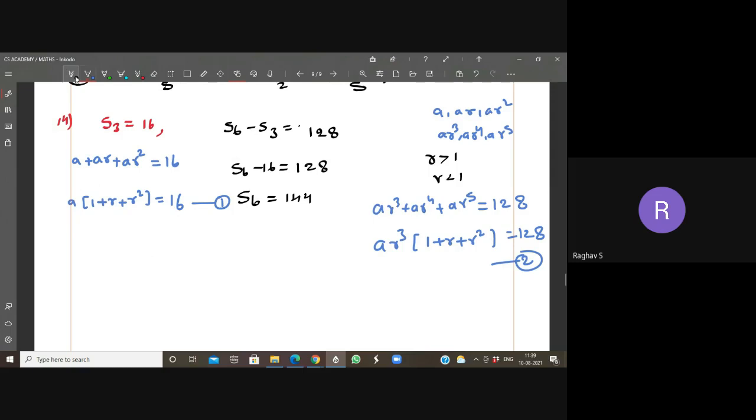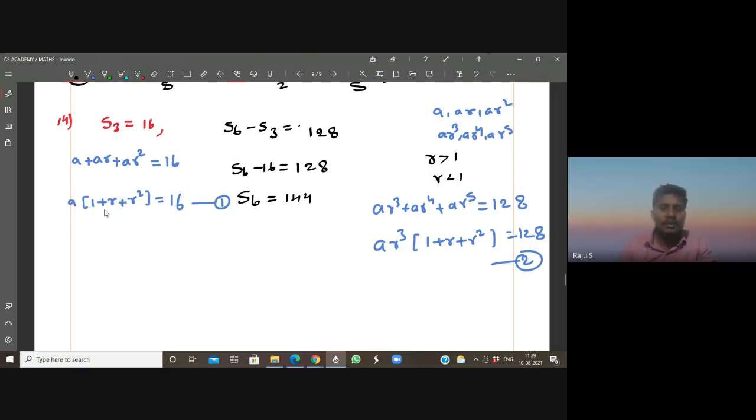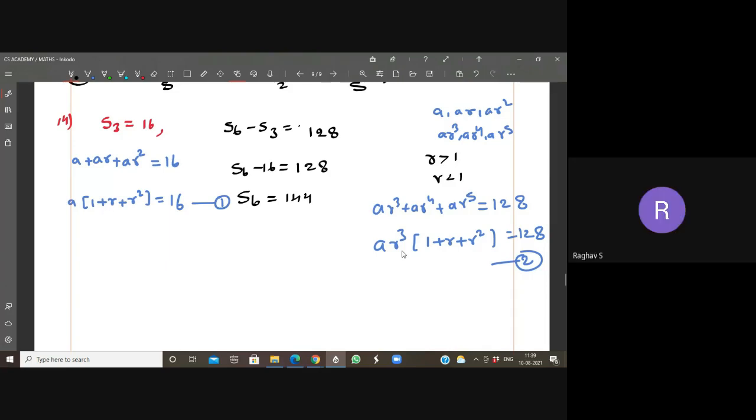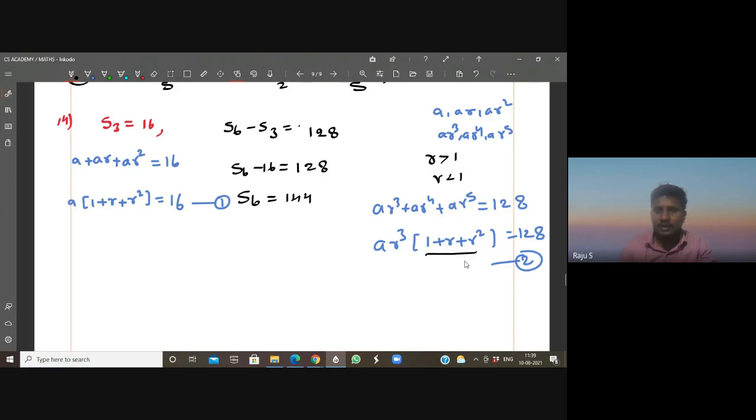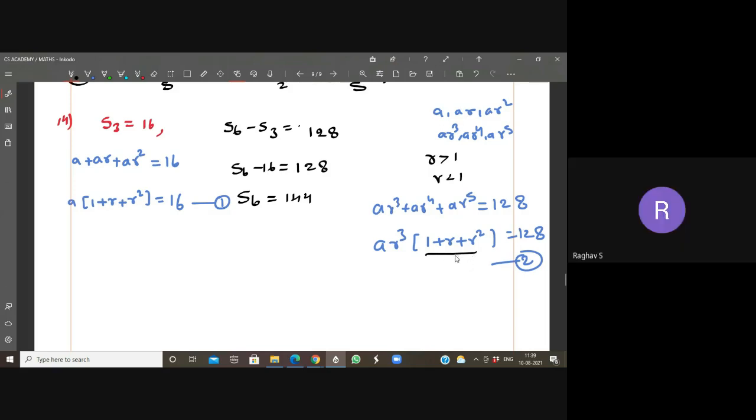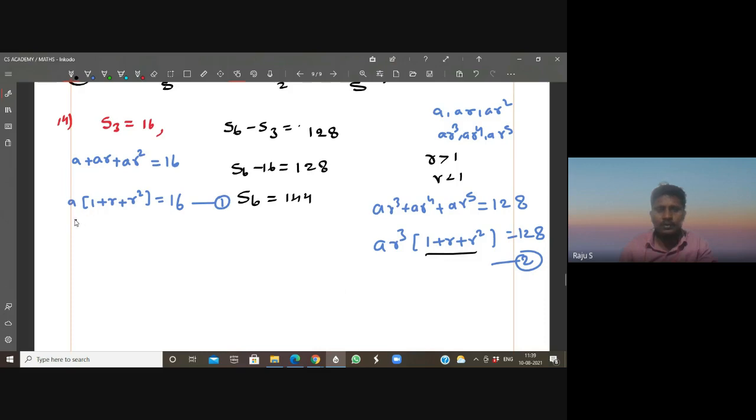From equations 1 and 2, what shall we do here? 16 by A equal to 128 by AR cube. You can do it in two ways.